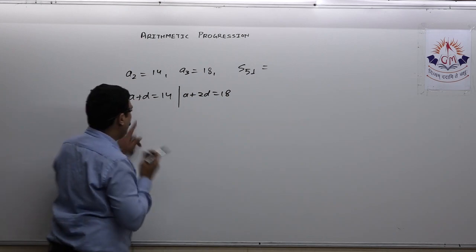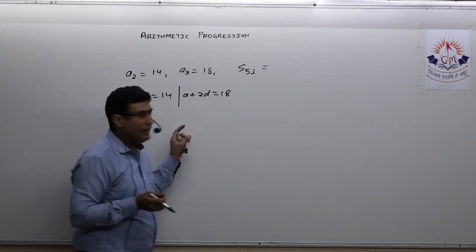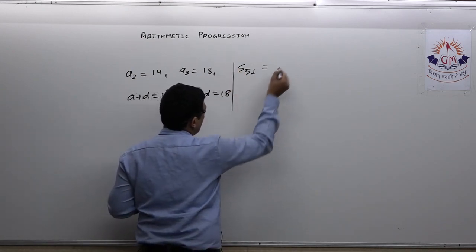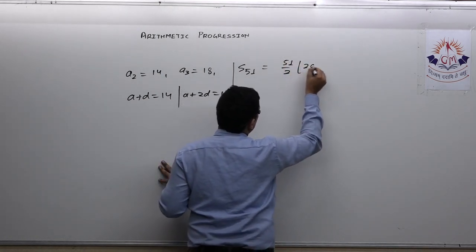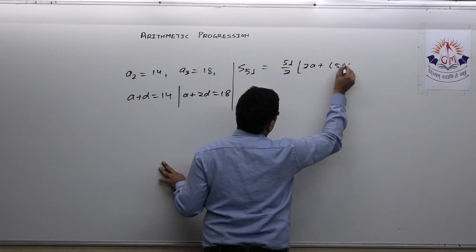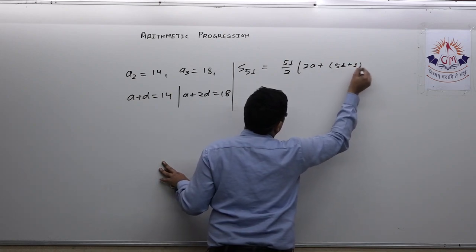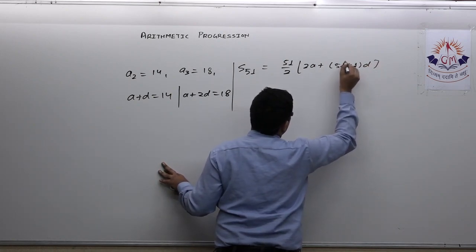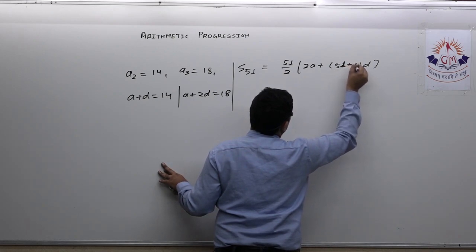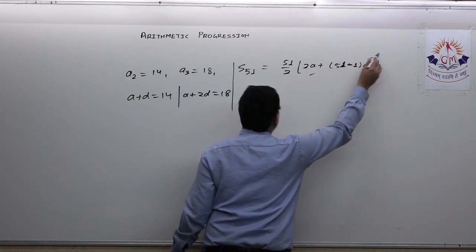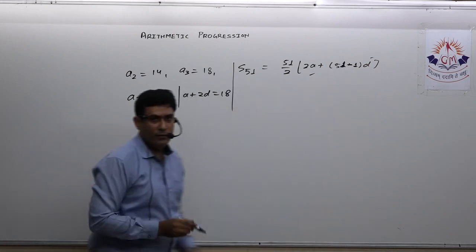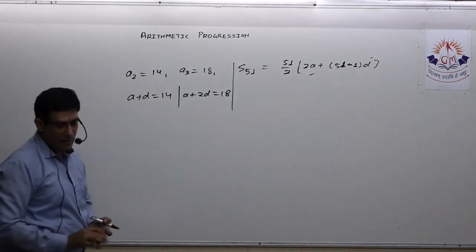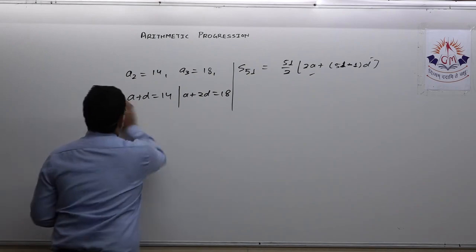Using this, I will get the value of a and d, and then by putting the values in this, 51 by 2 (2a plus (51 minus 1) into d). Using this formula, it is easy to get a and d. I will obtain from these two, and by putting those values over here, definitely I will get the value of S51.